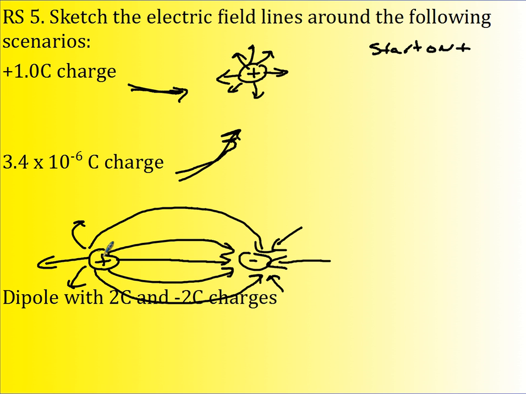Down here, a dipole always starts on positive, ends on negative, and these are going to curve. Make sure you get the shape of these. There should be the same number on the positive as on the negative. Make sure your arrows land on negative and point away from positive.